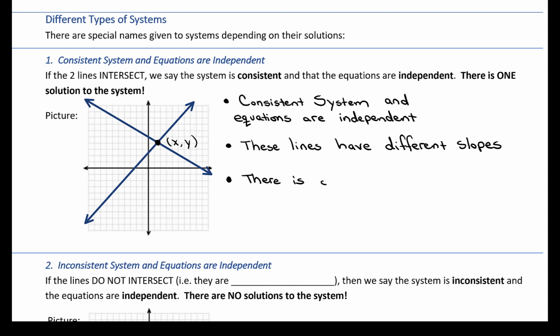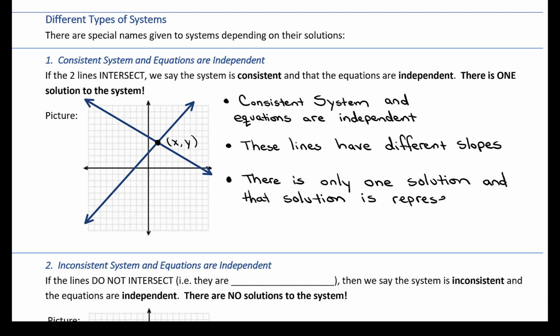And the last piece here, there is only one solution, and that solution is represented as an ordered pair.